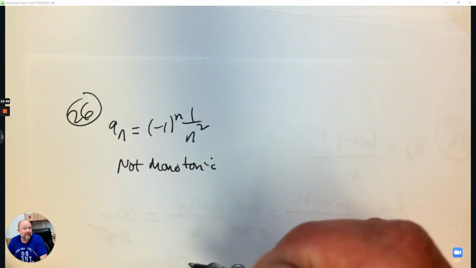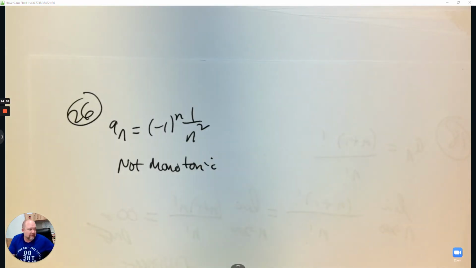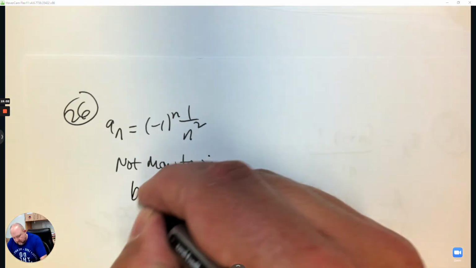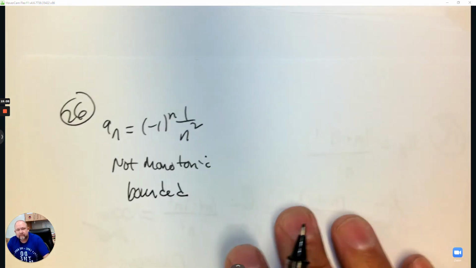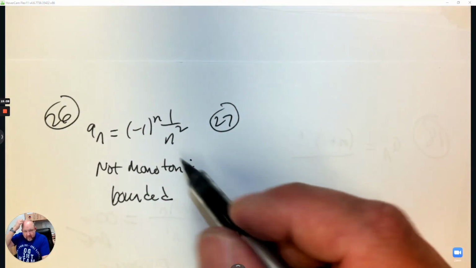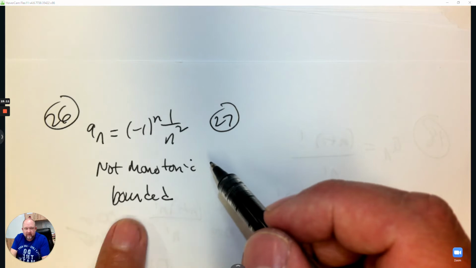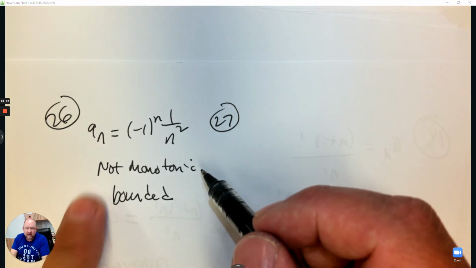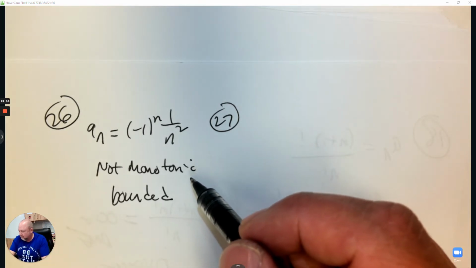And 0 times anything is 0. So it is bounded. It's just not monotonic. So when you think of what the limit value is, does it converge to an answer? Then it's bounded. Monotonic has to only increase or only decrease.